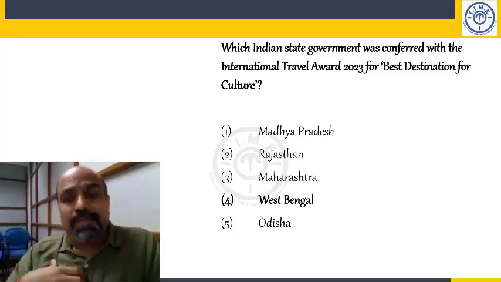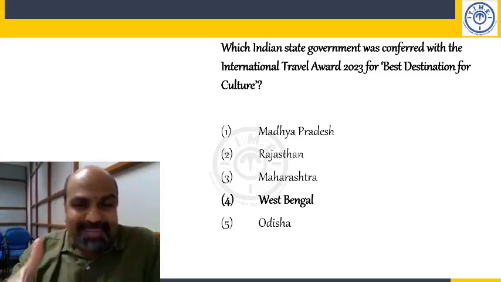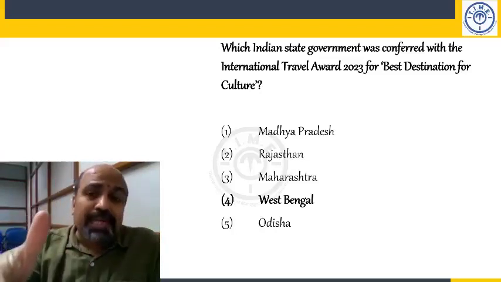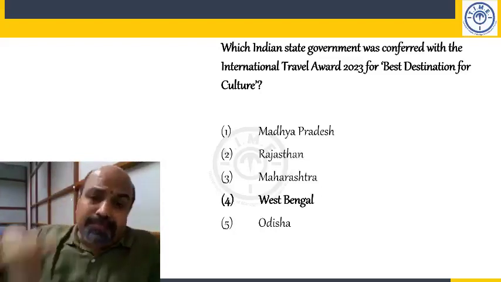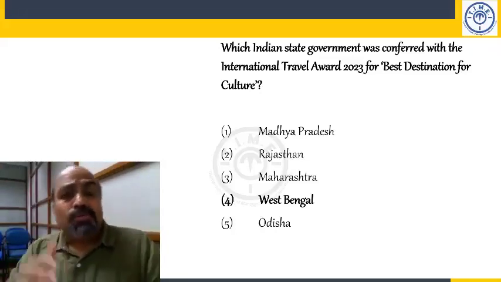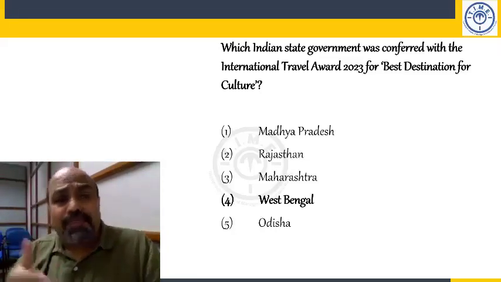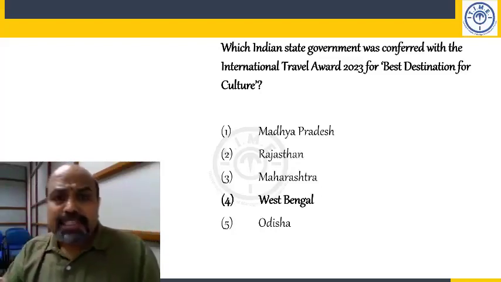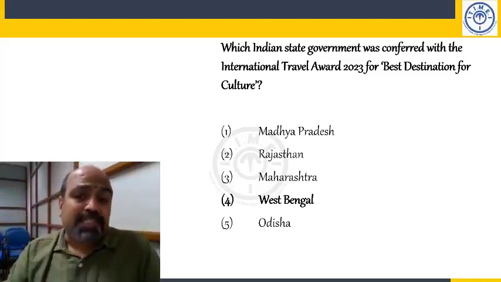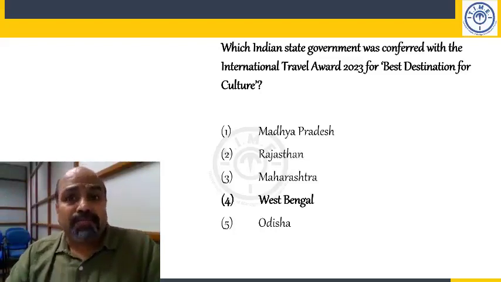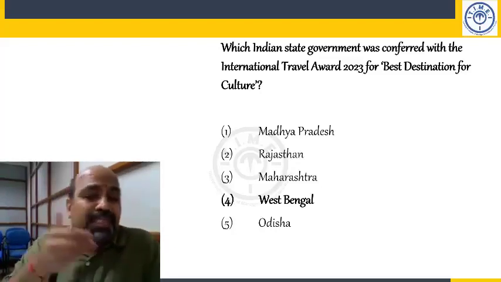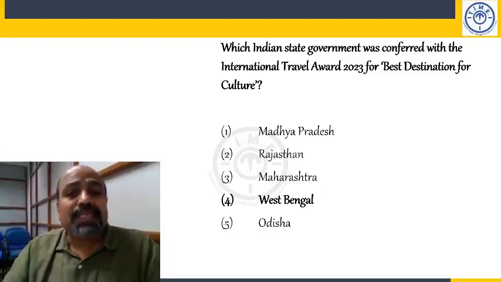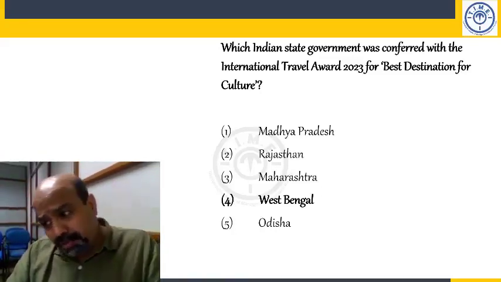In fact, I strongly believe, you don't have to agree with me, that Indians should welcome foreigners into these places free of charge. Someone has come from abroad to look at our great culture, and we say, no, you've got to pay 5 times as much as the Indian does. That's really bad. Why should a foreigner pay more? If not outright free, we should charge them less, or at least the same amount as an Indian pays. Isn't it?